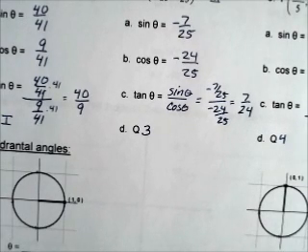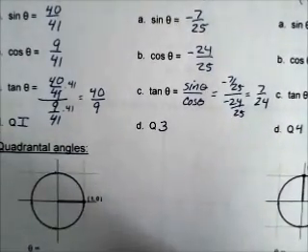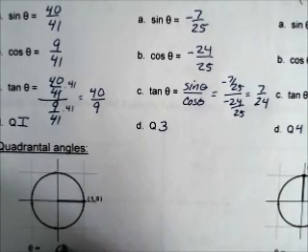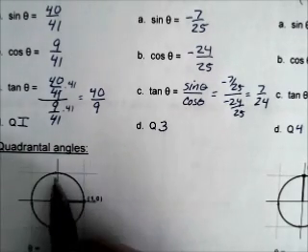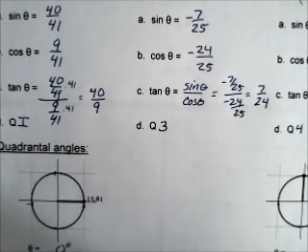Next, we want to look at some of our quadrantal angles and find their sine, cosine, and tangent values. Okay, so here our angle theta is 0 degrees. This is on the unit circle, right? This is 1, that's -1. This is a unit circle.